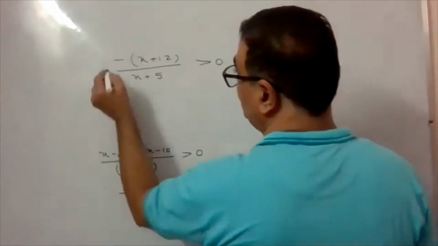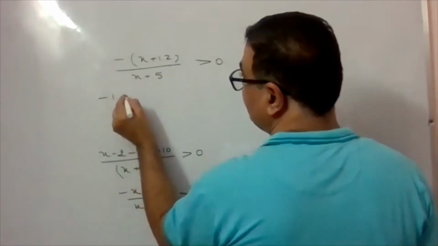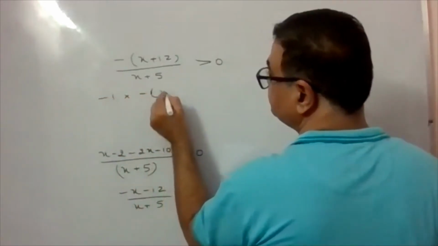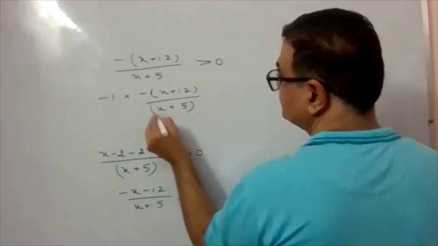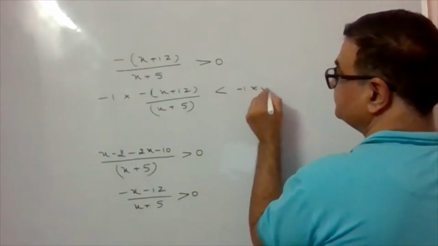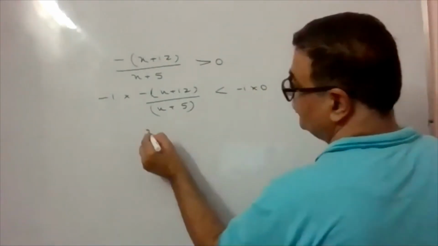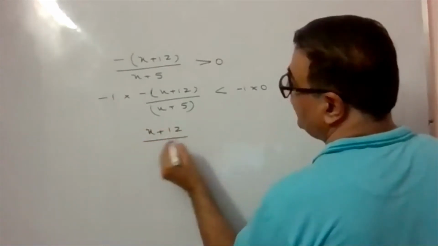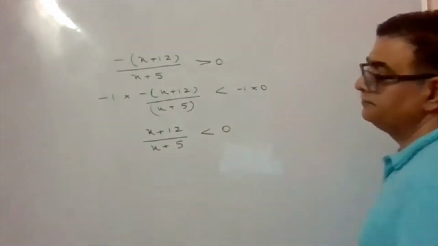So if you want to remove minus here, I multiply by minus 1 on this side. It will become less than. So the result will be x plus 12 by x plus 5 is less than 0.